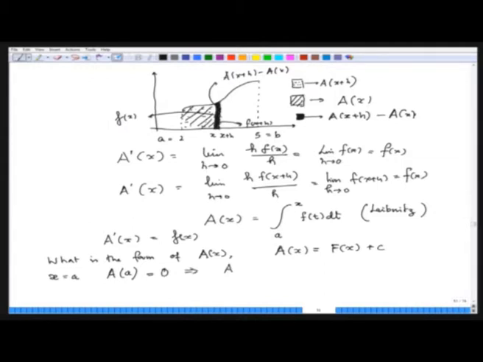So A of a is equal to F of a plus c. Now, A of a is equal to 0, so 0 is equal to F of a plus c. I just put x equal to a here. So what is c? c is equal to minus F of a.